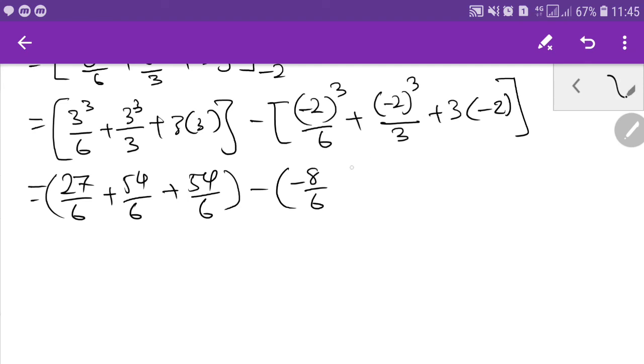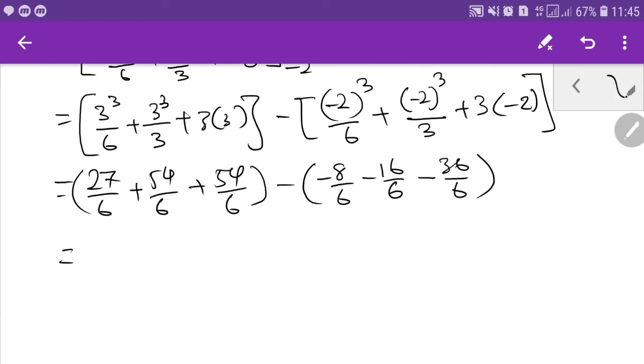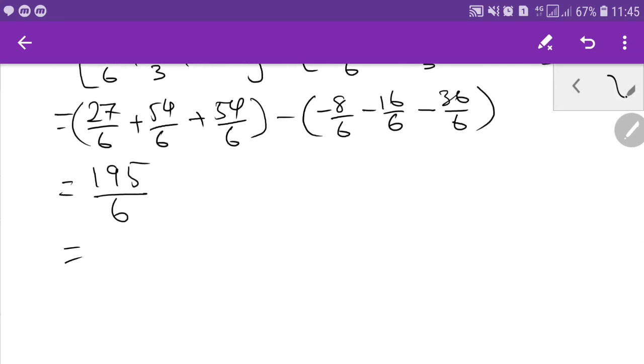So minus 2 cubed is minus 8 over 6, minus 16 over 6, yes. And then minus 36 over 6. Okay, so we can use a calculator to find it. We will have 195 over 6. This one, 195 is divisible by 3, 6 also divisible by 3, so we will have 65 over 2 units squared.